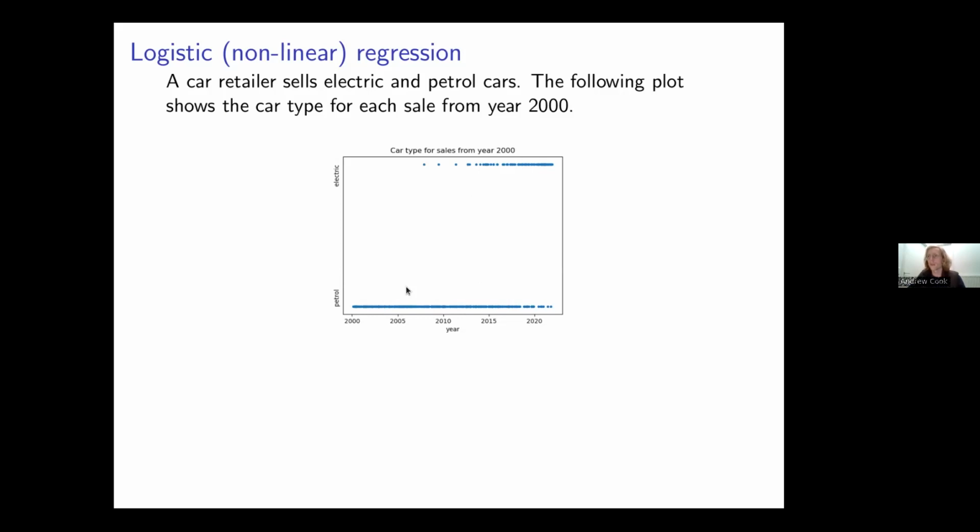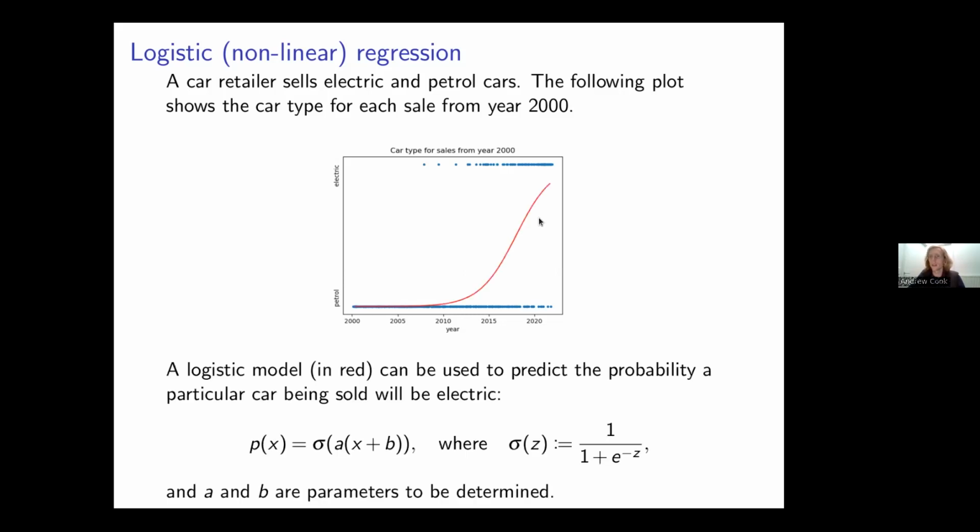This transition phenomenon can be modeled quite nicely with a logistic sigmoid, which is shown here. This function spits out a number from 0 to 1, so you can interpret it as a probability.